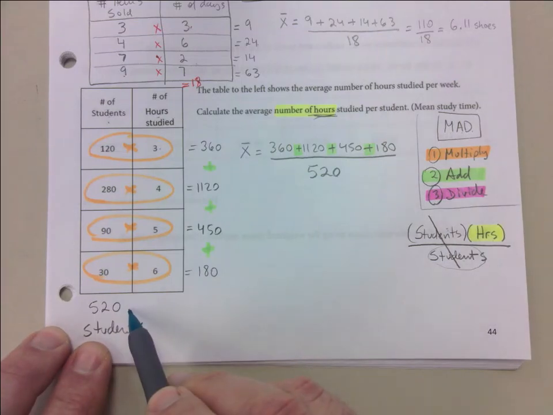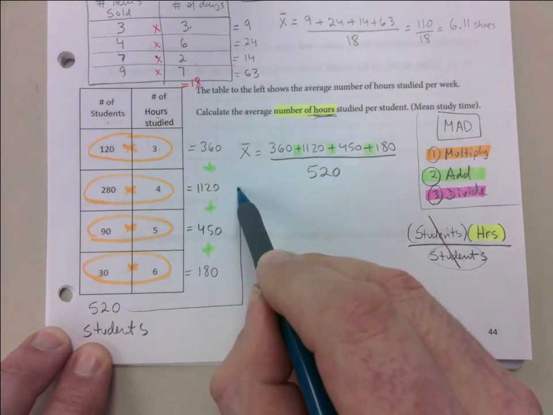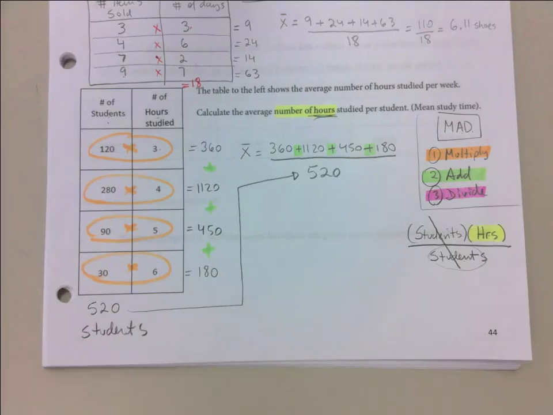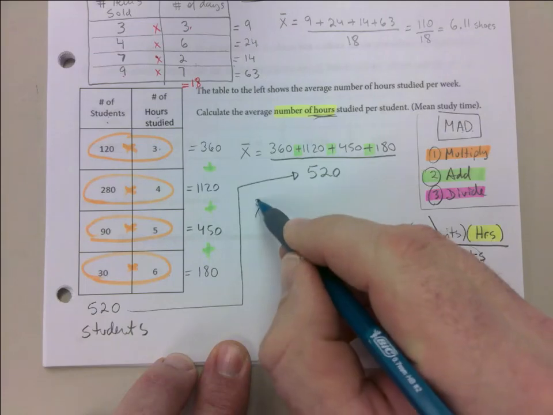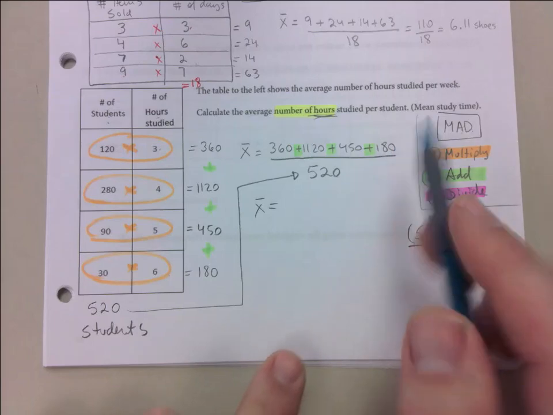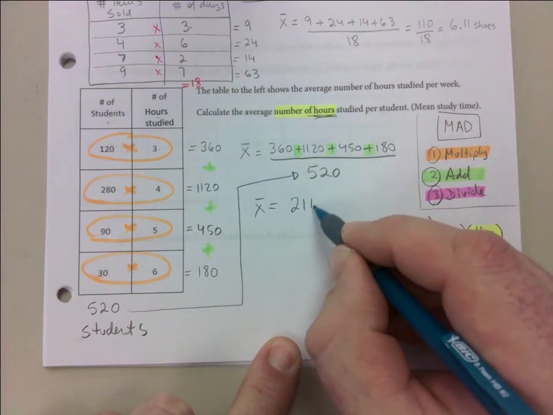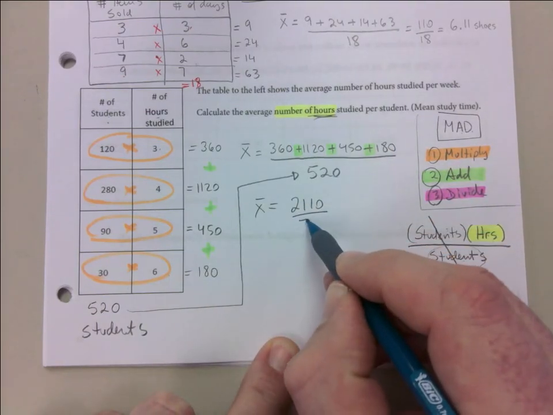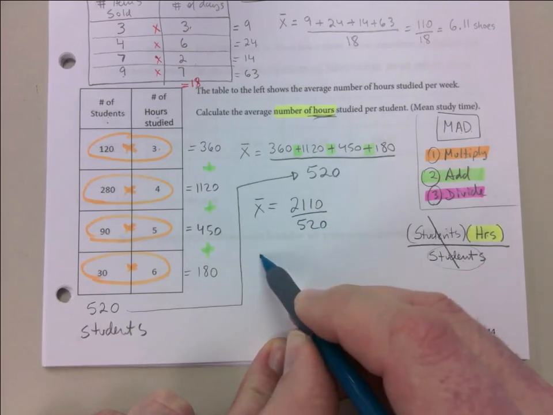So I'm going to go arrow, arrow over here. X bar. So let's add all of this up. That gives you 2,110 divided by 520.